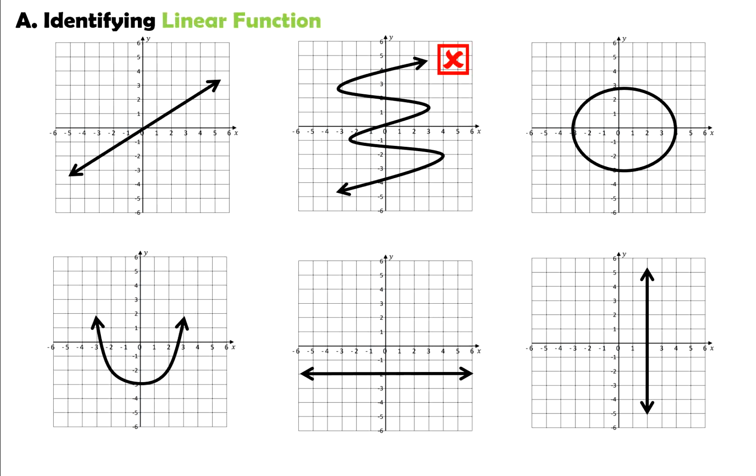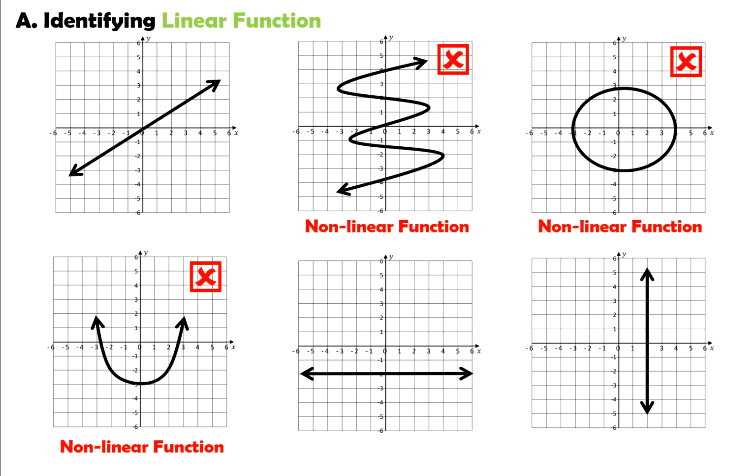Ito ay hindi straight line, non-linear function. Ito rin, non-linear function. Ito rin ay hindi straight line, non-linear function. Yung mga natira ay puro straight line. Now, yung next step natin, kung siya ay straight line, i-check naman natin kung siya ay function. To determine kung yung given na graph ay function, gagamitan natin ng vertical line test.